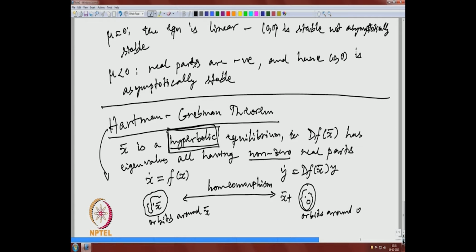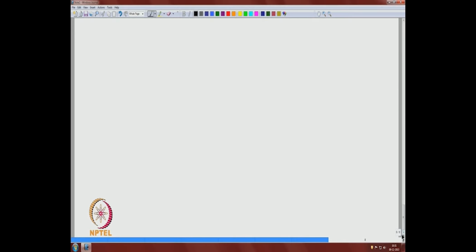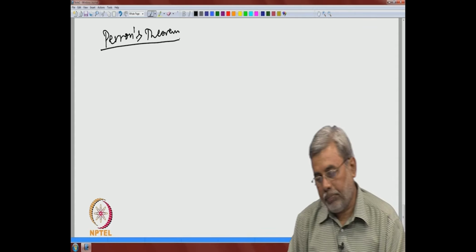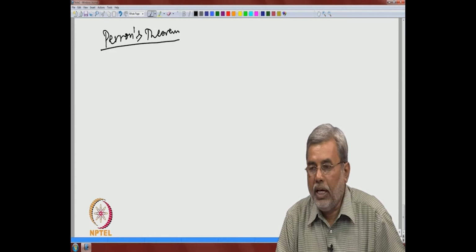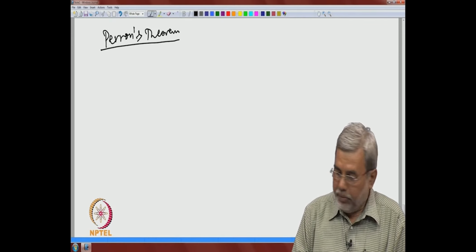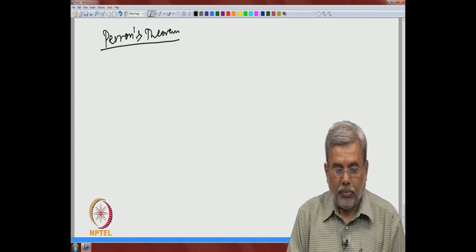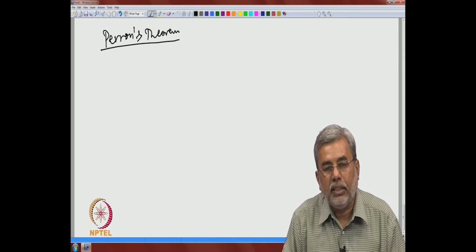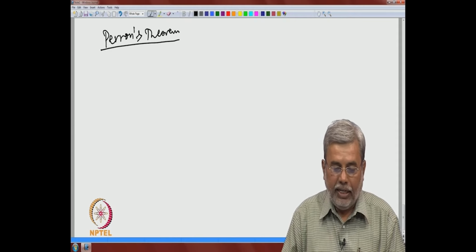A somewhat simpler one, and older than this Hartman-Grobman theorem, is referred to as Perron's theorem. Though it is not as precise as the Hartman-Grobman theorem, it gives us some sufficient conditions, again for comparison of orbits of nonlinear systems and the linearized system.